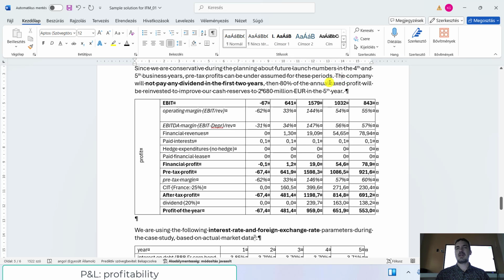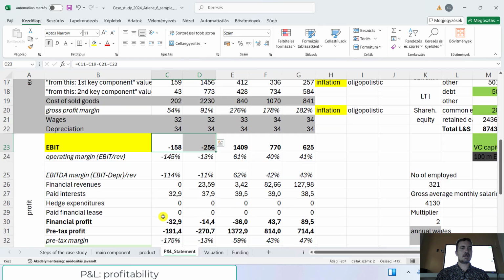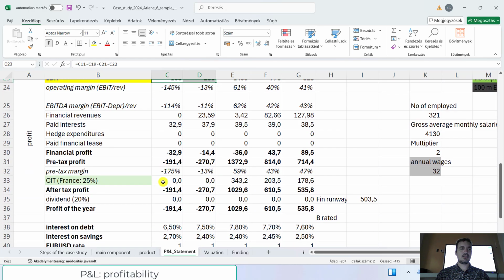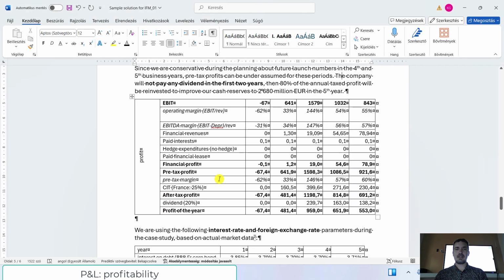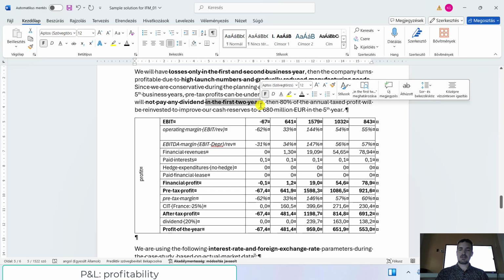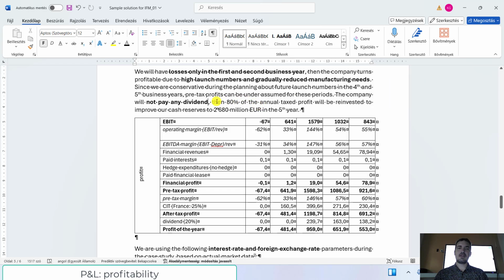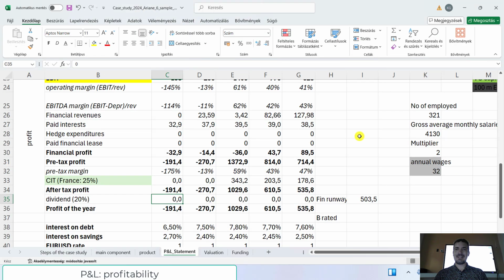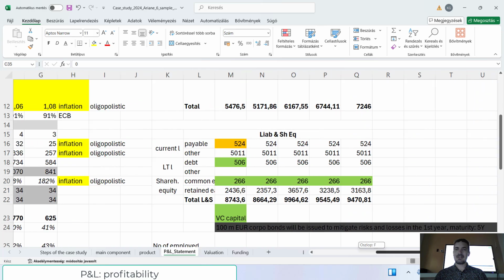Okay, pre-tax profit can be assumed for this period. The company will not pay any dividend in the first 2 years. Practically, I don't want to pay anything, so the company will not pay any dividend, because all the profit will be reinvested into our cash reserves to generate a nice amount of money in the last year.